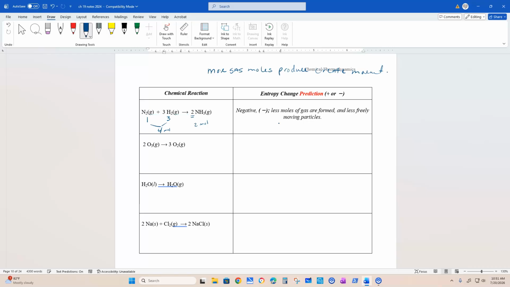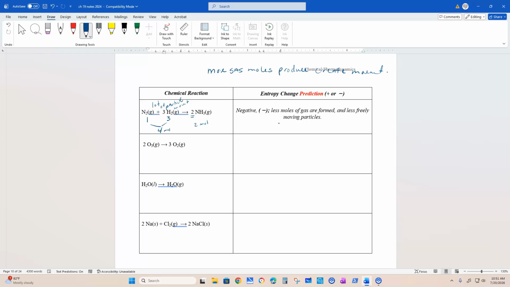I have restricted movement because I went from a lot of particle movement, 4 moles of gas, to 2. I have constricted it.